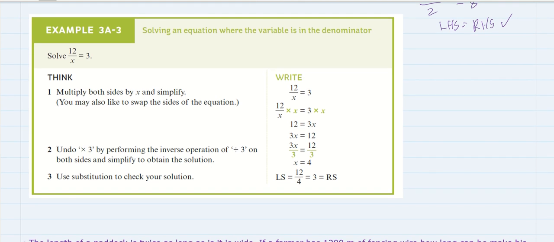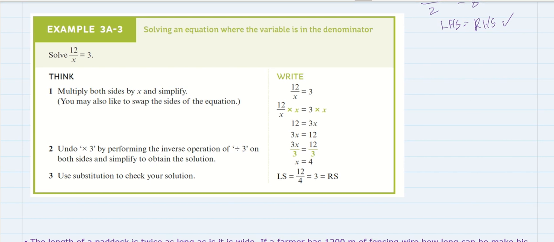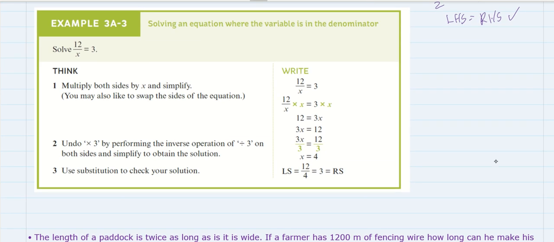Now let's have a look at this one. We've got an equation where the variable is the denominator. I'll show you a little trick after this, but we'll just go through this. Well, 12 over x equals 3. I can do this two different ways. I'll show you the quick and easy way. First of all, we can just say, if that's true, whatever's on this side and this side can just swap places.